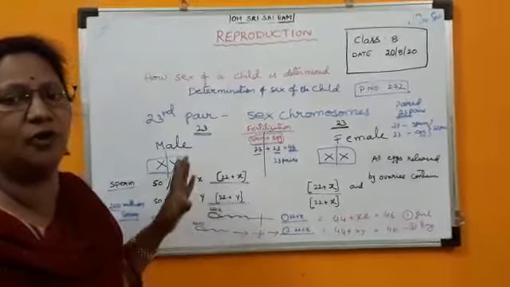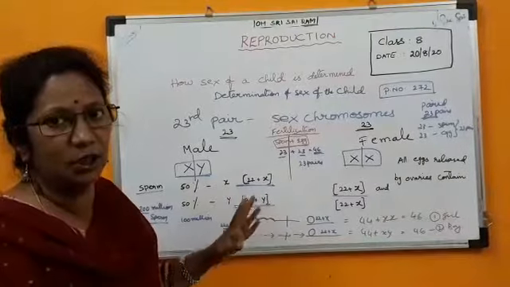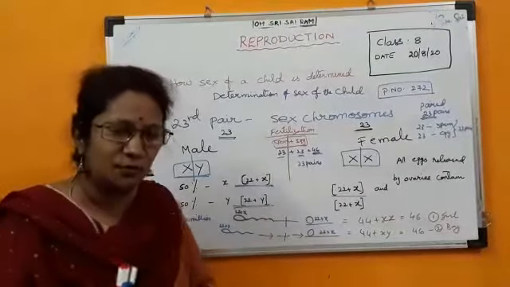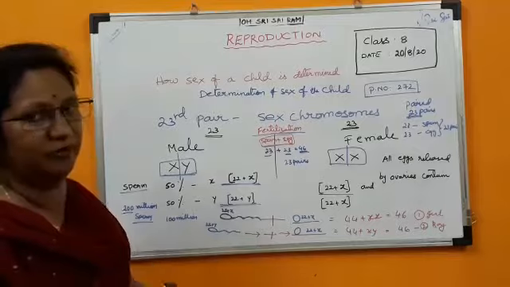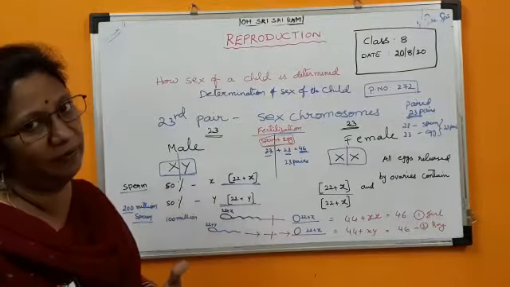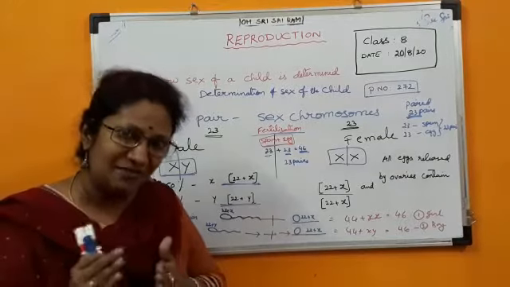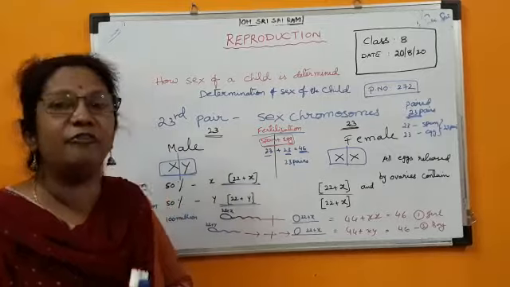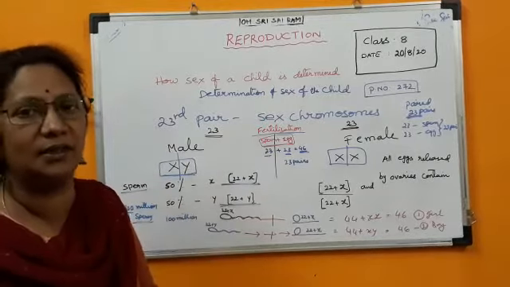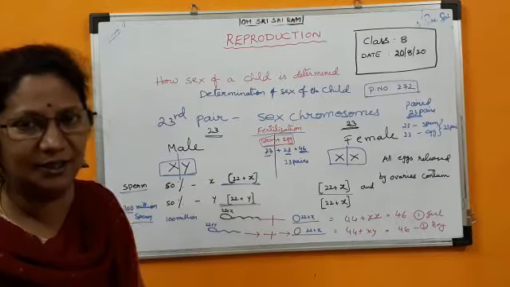If you are a boy, the Y chromosome is donated by your father. If the father gives a Y chromosome, the baby will be a boy, and if he gives an X chromosome, the baby will be a girl. So the sex of a child is determined by the father but not by the mother. You have to understand that point very clearly.